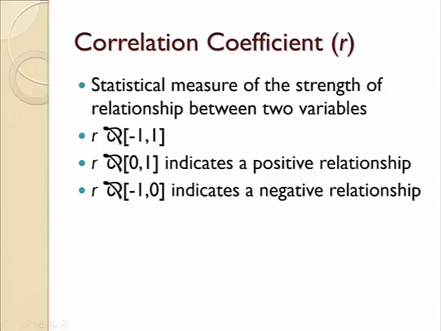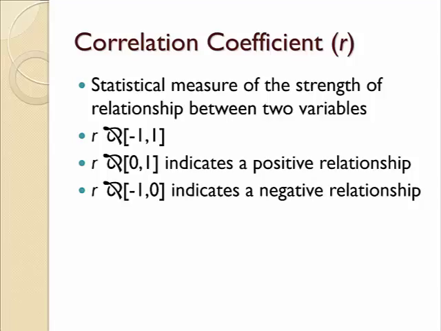In contrast, if the sign is negative, that suggests an inverse relationship. For example, if price is lowered, sales will go up, and if price is increased, sales will go down. So in this case, the movement of the two variables is in opposite directions. Now, the other thing of importance here is the magnitude of the correlation.